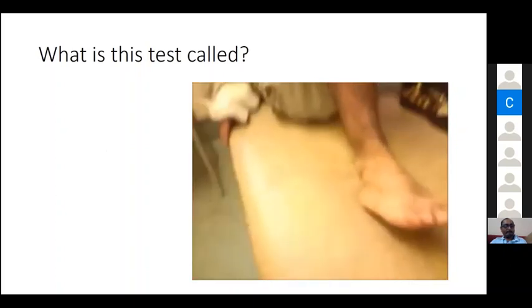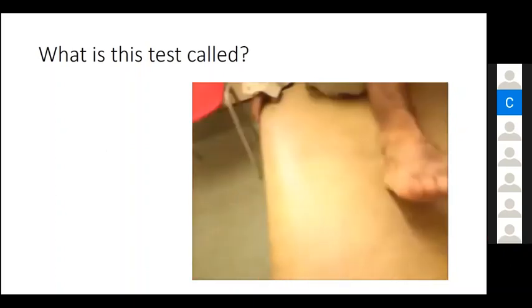Anterior drawer test. Anterior drawer test. What is the significance of anterior drawer test? Dr. Christo. What is the inference with anterior drawer test? Integrity of ATF.